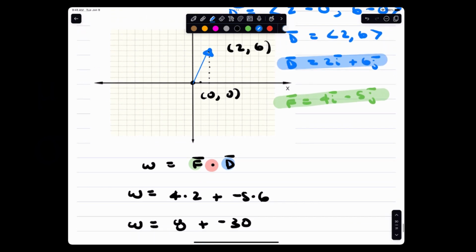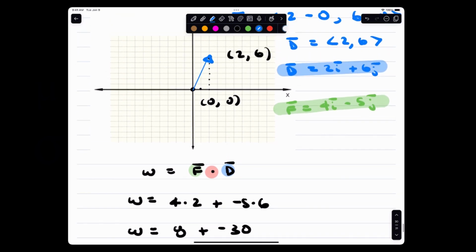So let's see, this is the d vector. Let's put this force vector in green, 4, negative 5. Let's see where this is at. It's a bit odd.